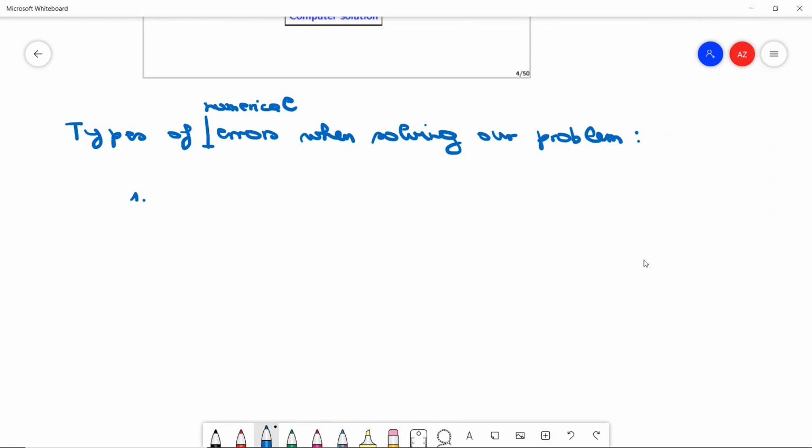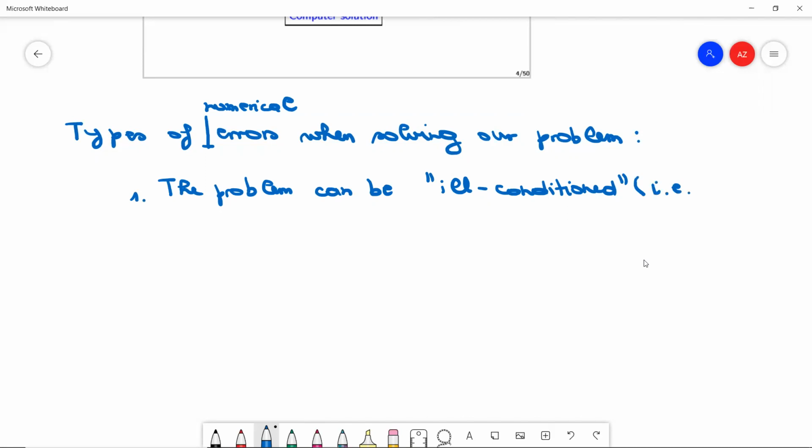So the first is that the problem can be ill-conditioned. I will put this into parentheses, and I will define shortly what this means. What does it mean that the problem is ill-conditioned?